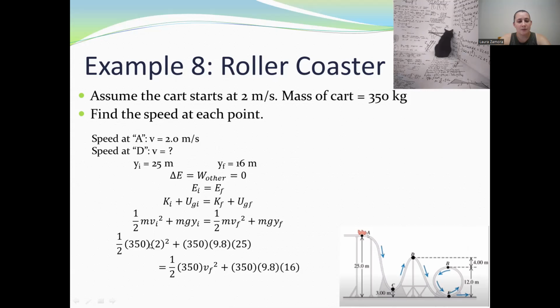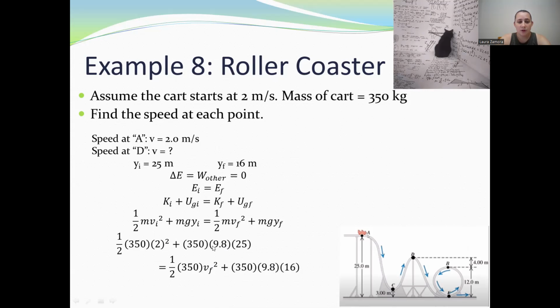So 1/2 times mass times speed squared plus mass times g times the height initially at point A equals 1/2 times mass, we don't know this speed, plus the mass times g times that final height.